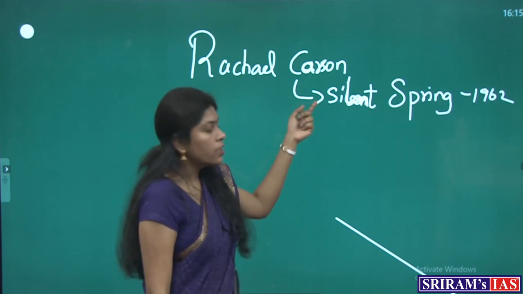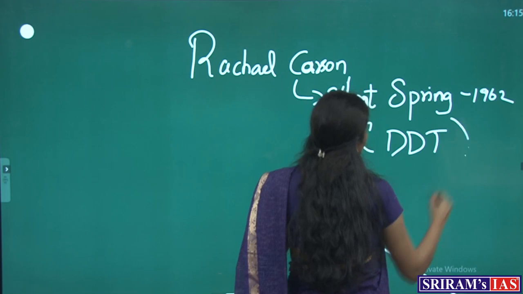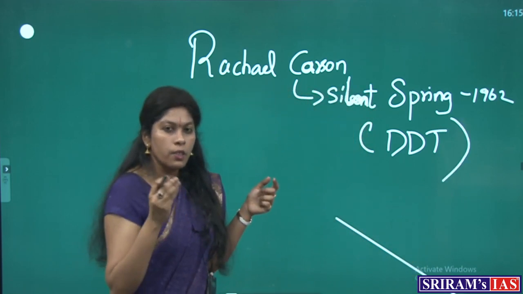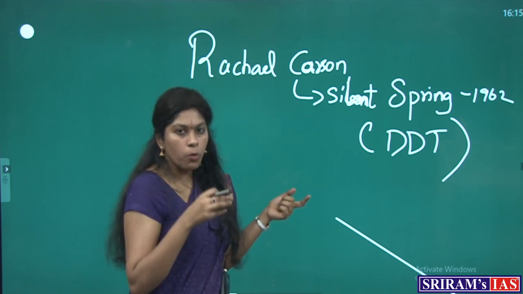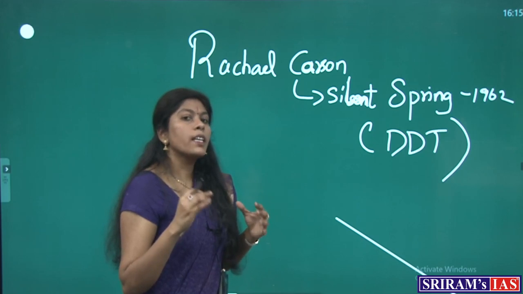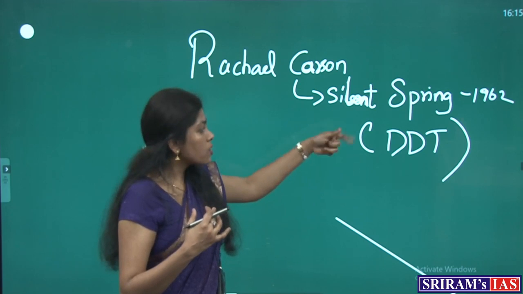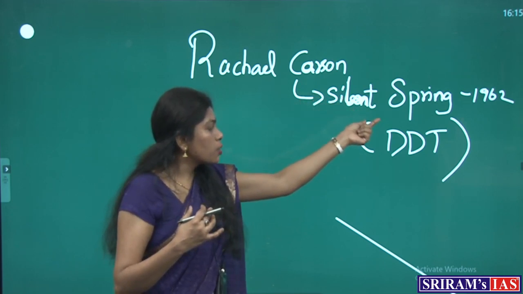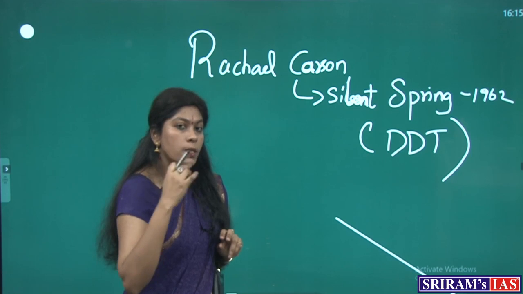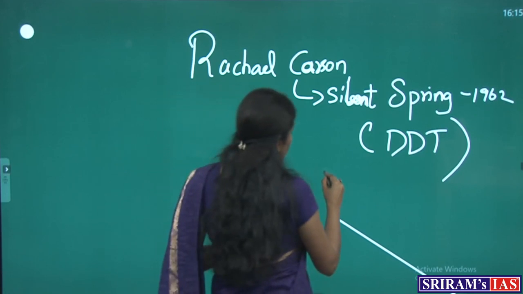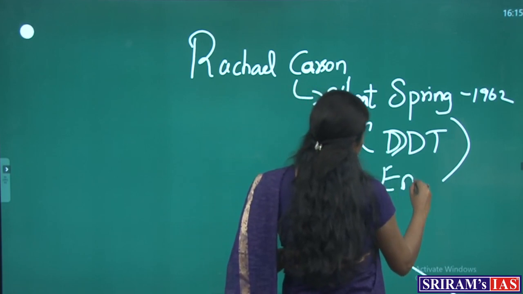She wrote about the pesticide DDT, which you all know. It started killing the small house sparrows which visit the spring water body. So, the spring became very silent. A lot of birds were killed by the use of this DDT in farmland, and based on that she wrote the book Silent Spring in 1962, and this created an awareness. It evoked the consciousness of the people, and this led to the formation of the US Environmental Agency.